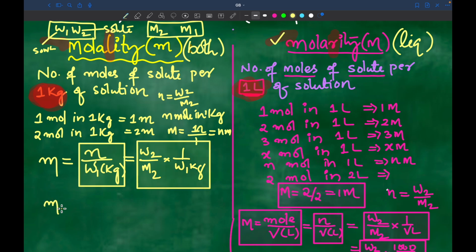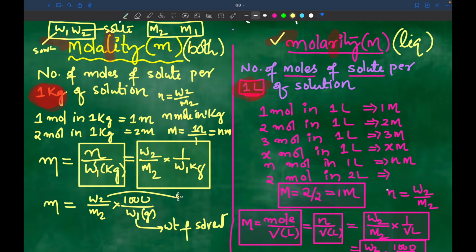So the molality equals W2 by M2 into 1000 by W1 in grams, right? W1 is weight of solvent, W2 is weight of solute, and M2 is molar mass of solute. You have to remember this.